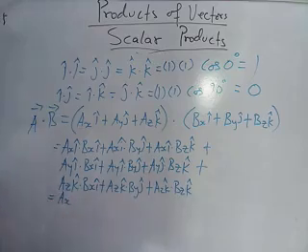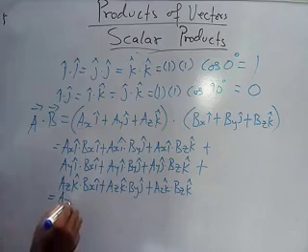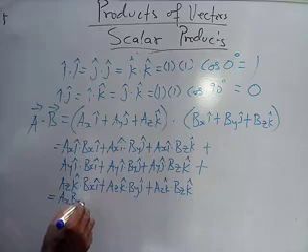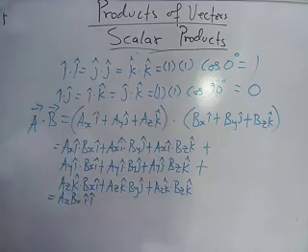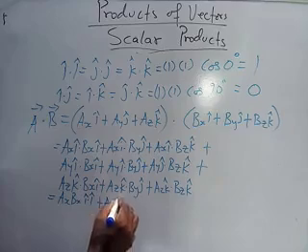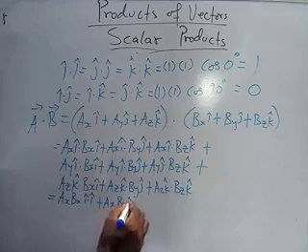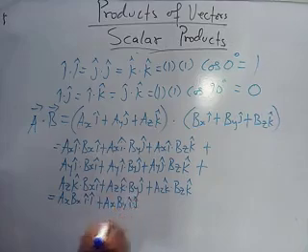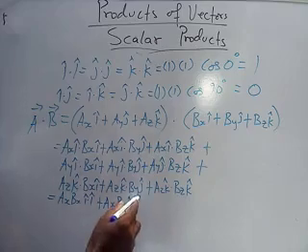AX BX I dot I plus AX BY I dot J. Now this will give you what? 0.